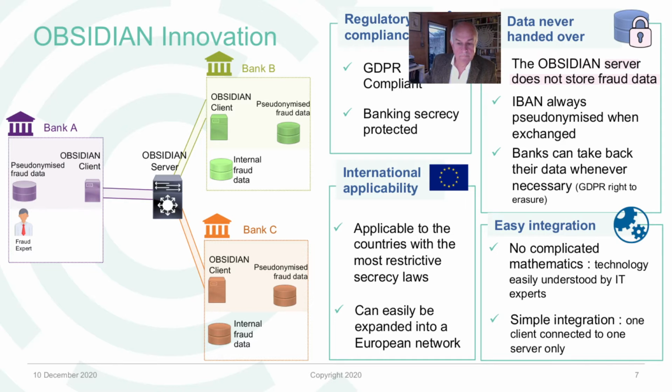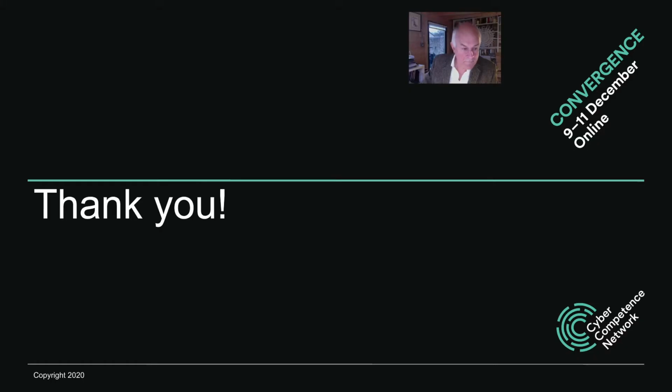And the third one is that, contrary to MISP integration, the data is never handed over. Banks always keep control of the data, and they can easily add or remove an IBAN when necessary. So we can move on to the demonstration now.